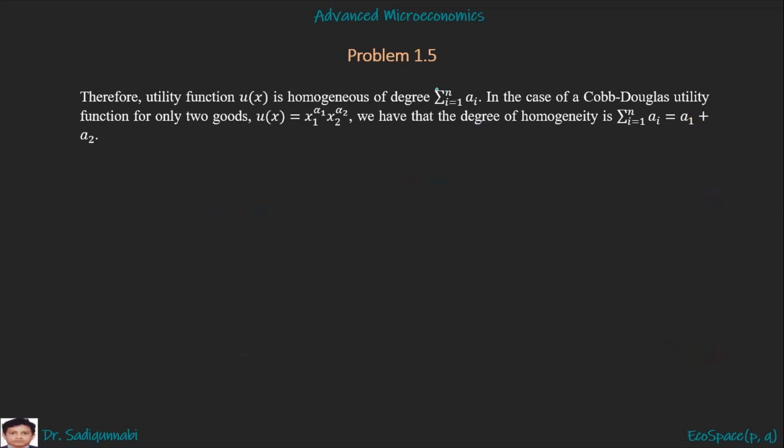Homogeneous of degree the sum of alpha i. So if n equals 2, then the utility function is homogeneous of degree alpha 1 plus alpha 2.